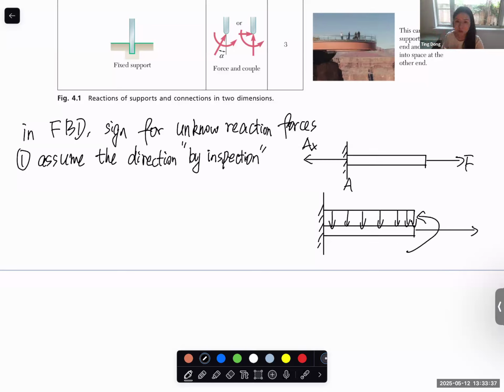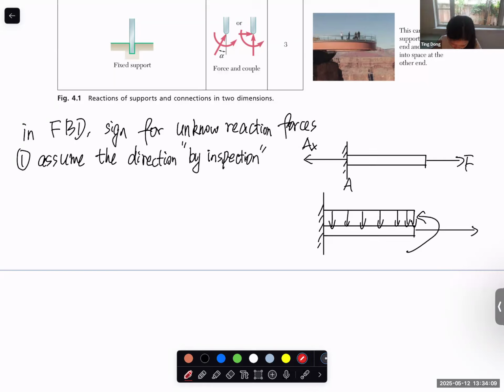So for the reaction force at the wall, we know that there are three components: force in x, force in y, and a moment. But without a calculation, we don't really know which one is in which direction by inspection. So a common method we use is to put everything in the positive direction based on the global coordinates.